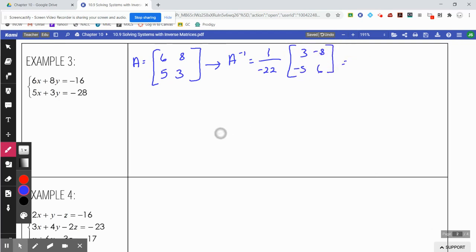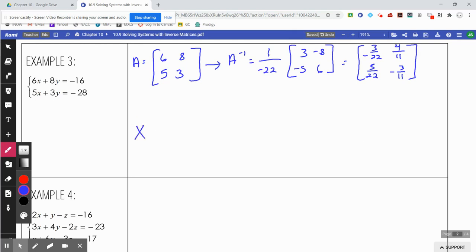And that gives us A inverse, which is negative 3 over 22, a positive 5 over 22 goes here, positive 8 over 22, which would be 4 elevenths when you reduce it, and then negative 6 over 22, which is negative 3 elevenths. So there is A inverse.